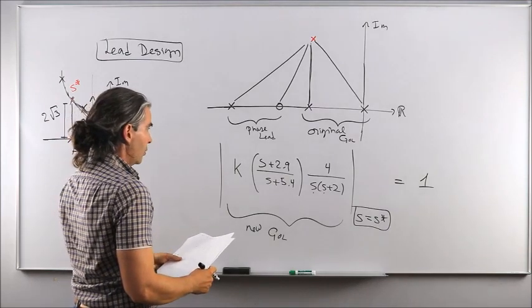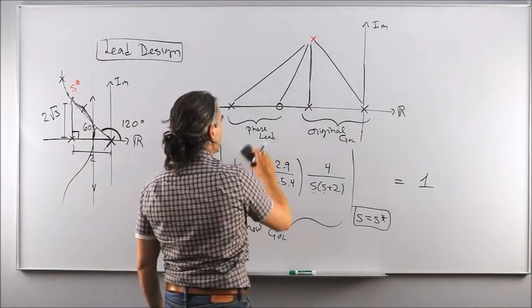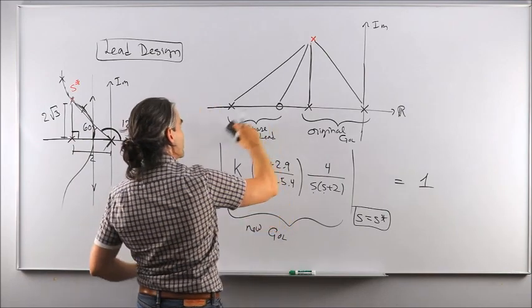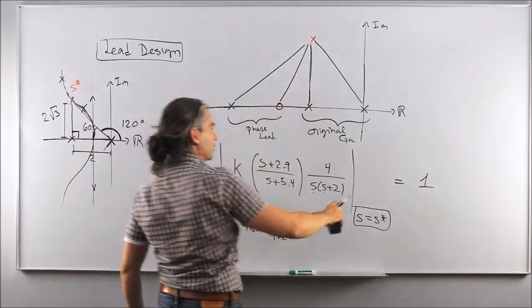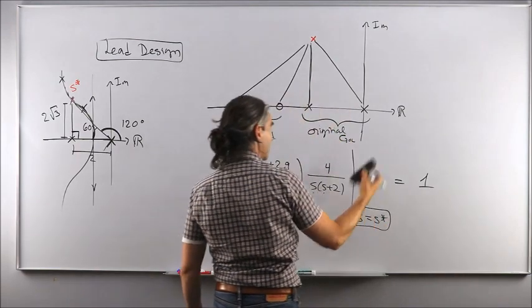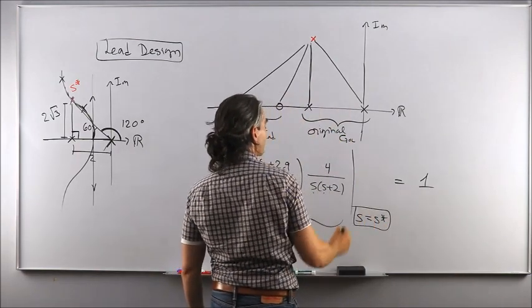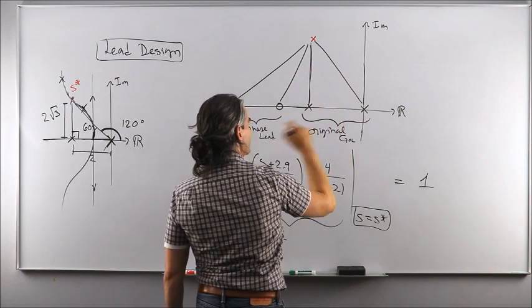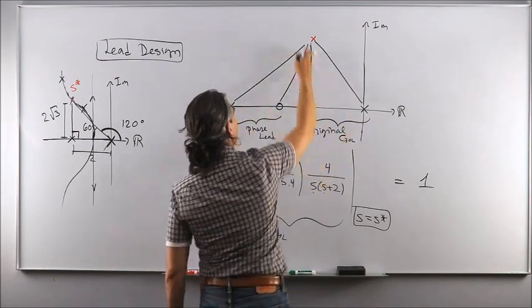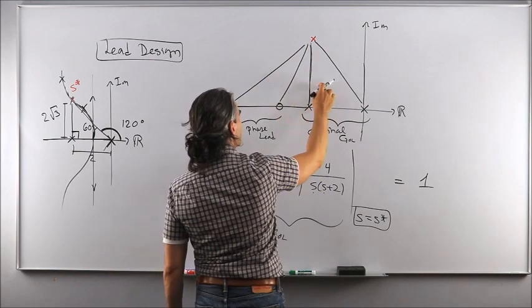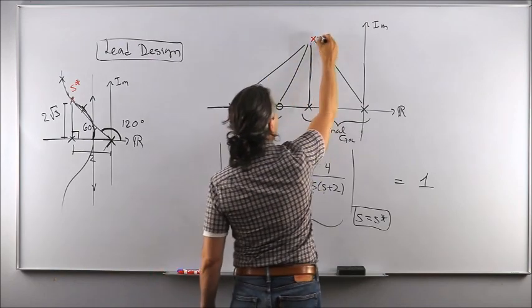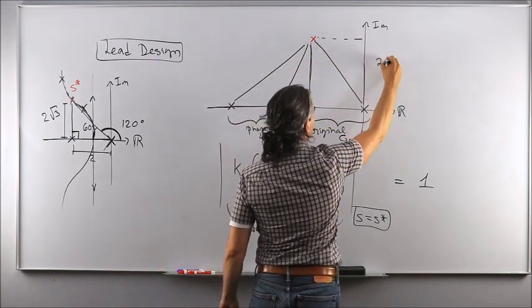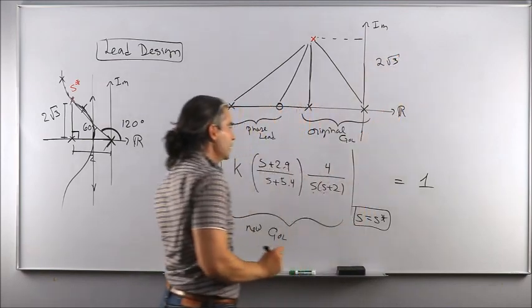Okay, so what you do once you've used your tape measure and measured all these distances, or even better, calculated them using right triangles, right? Because you knew all the bases and you know the height of any of those right triangles. It's going to be the imaginary part of this desired pole, 2 times square root of 3, obviously.